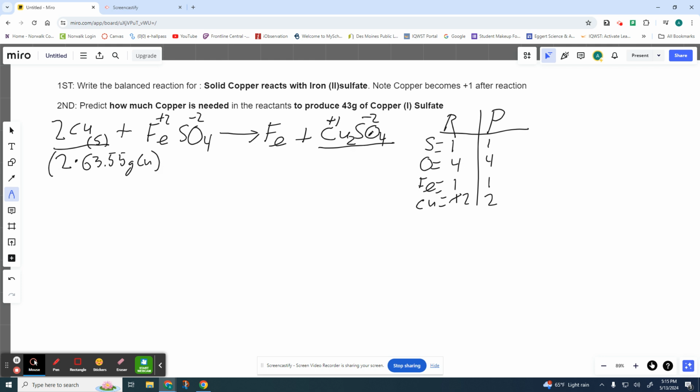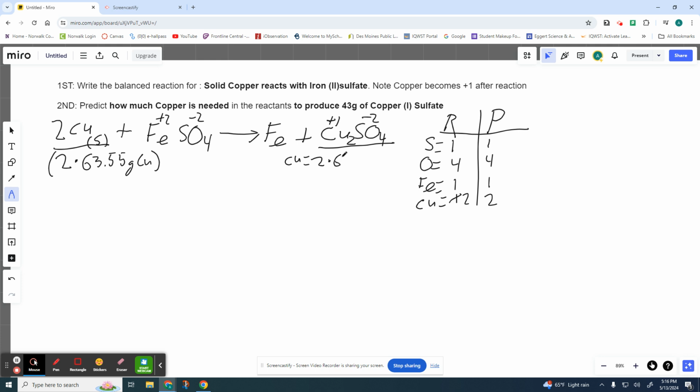Now for copper 1 sulfate, I have to add up all of these because the whole package has a mass. For copper, since I have 2, I got to take times 2. If that 2 is out front as a coefficient, I would not complete this calculation at this time. I would leave the 2 out front like I did the copper over here.